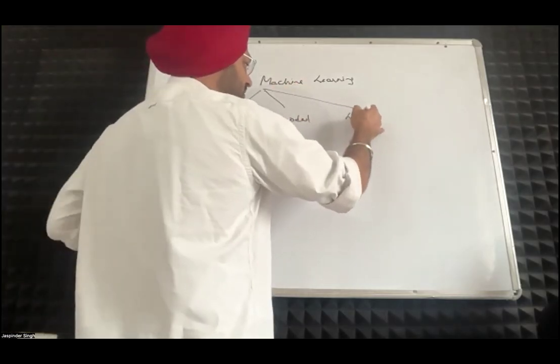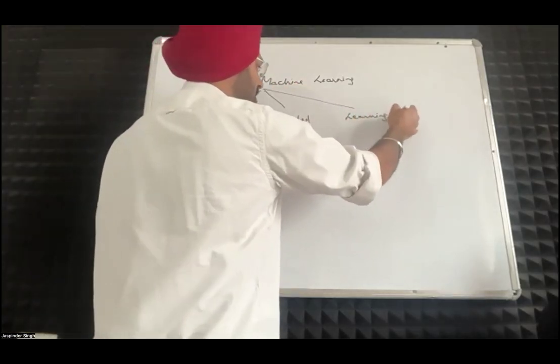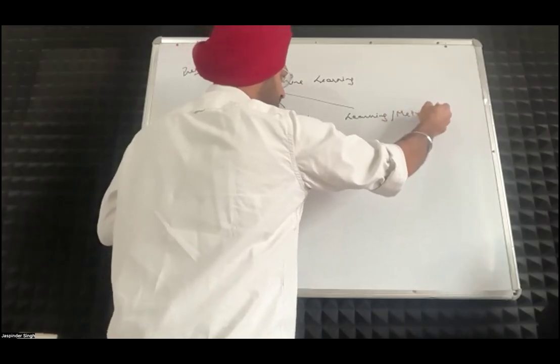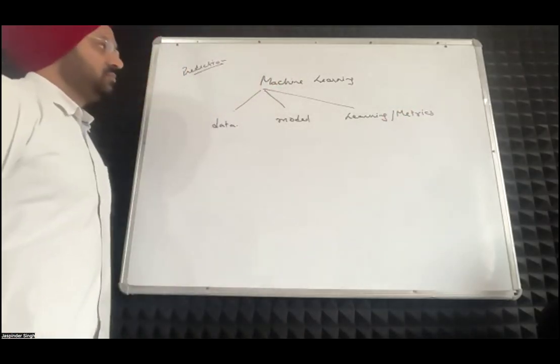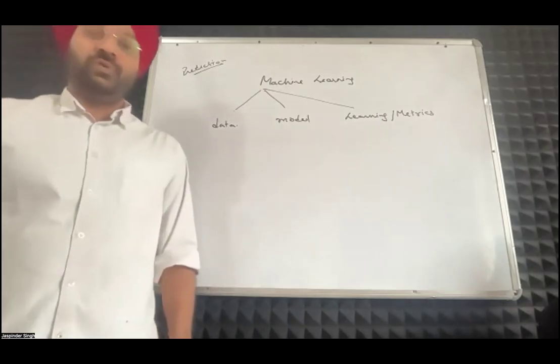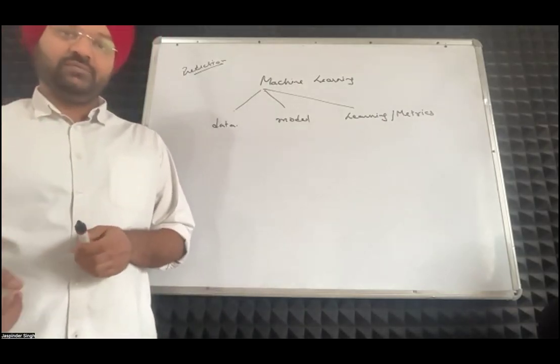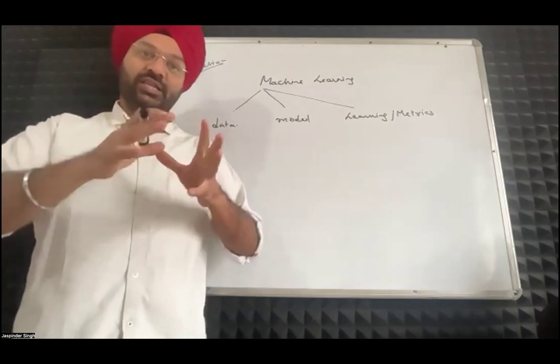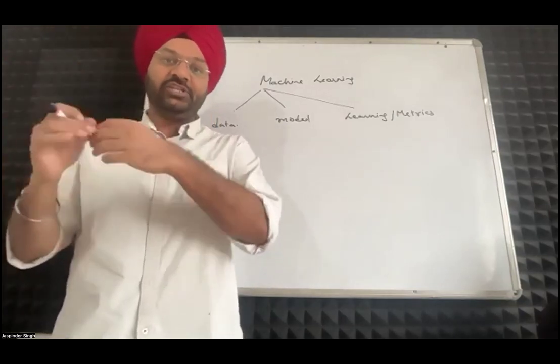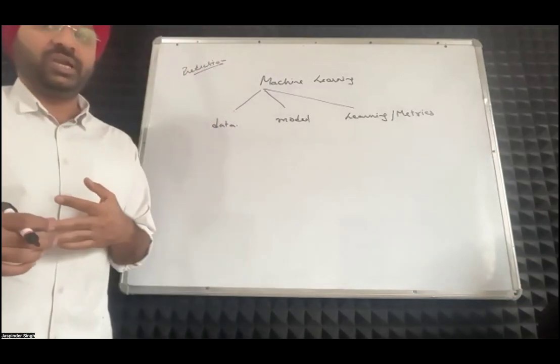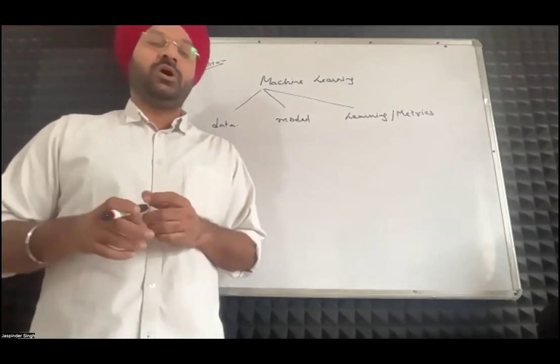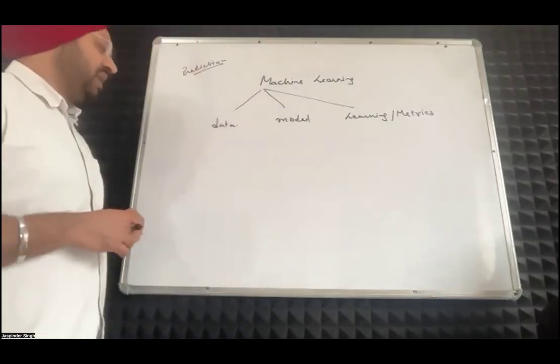And we will be having learnings, or we can call it the metrics. So we'll be dividing our brain into three silos: one is data, one is model, and one is learning or the metrics.